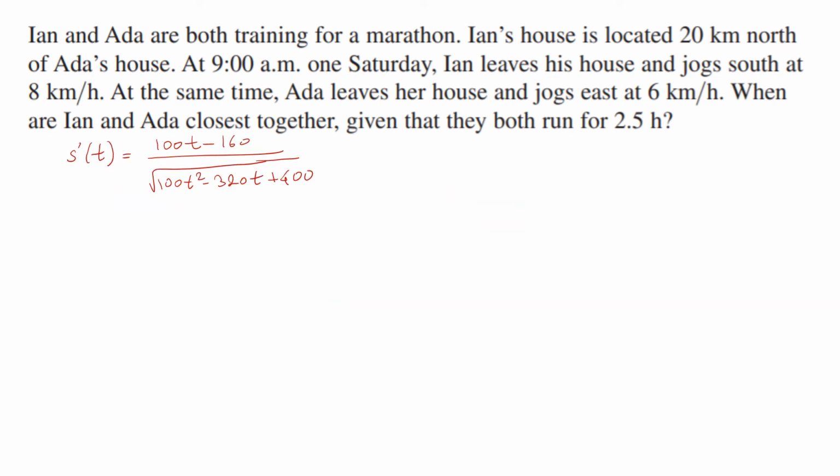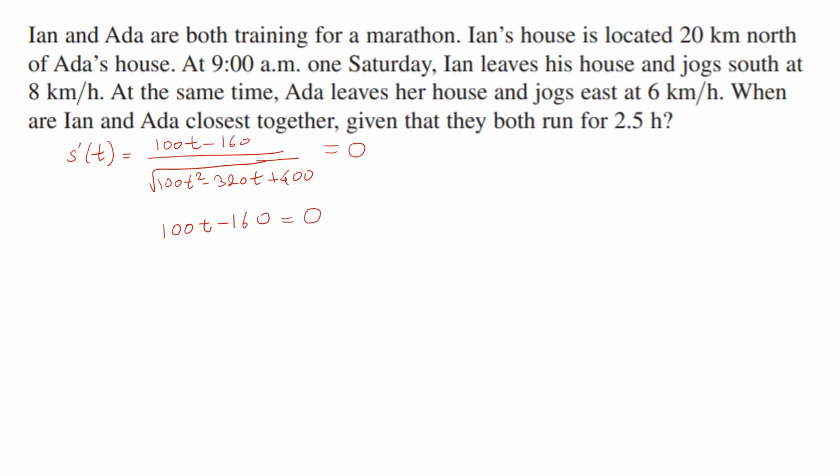So now that I have my derivative, all I need to do is equal this to 0. And if I multiply this by the denominator for both sides, I'm going to get rid of the denominator. So I'm left with 100t minus 160 equaling 0.